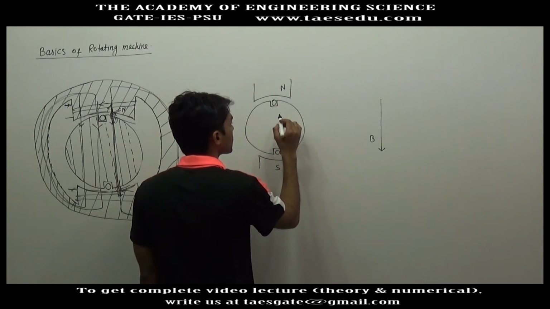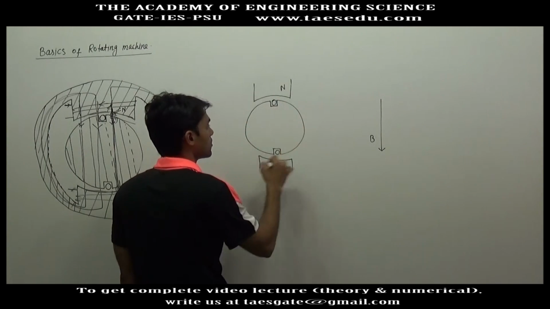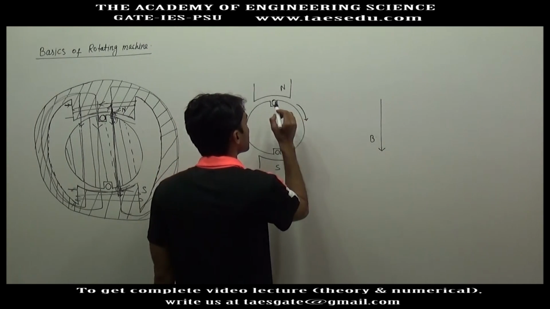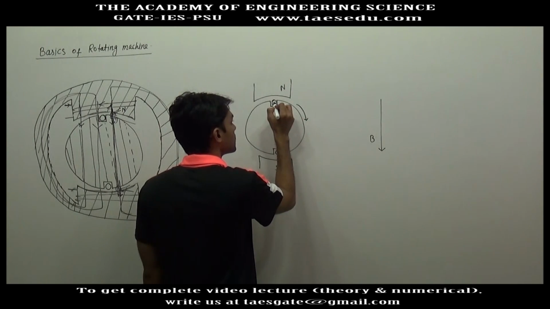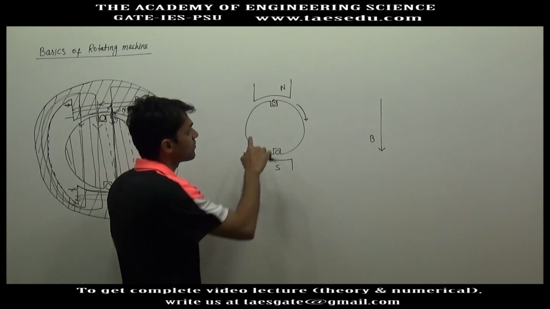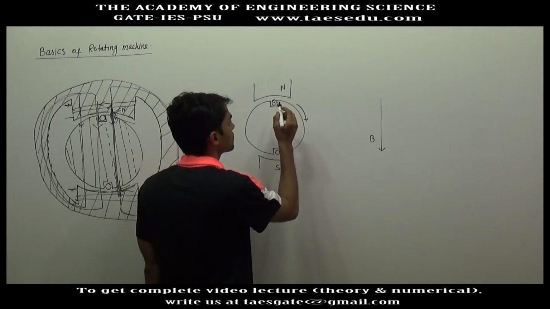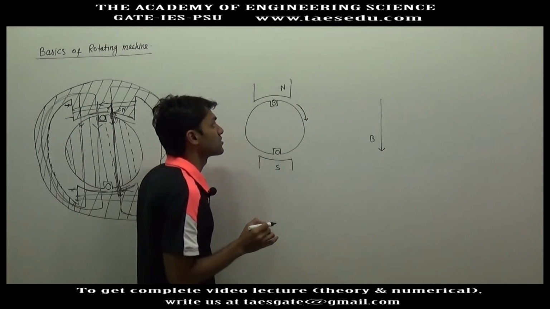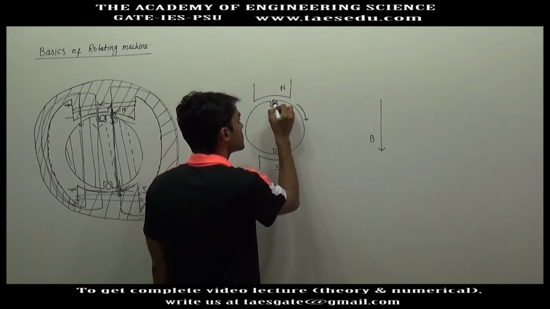Now if this rotor is given a velocity in the clockwise direction, at this instant what will be the direction of velocity of the conductor? If it is rotating in the clockwise direction, at any point the direction of velocity will be tangent to its periphery.